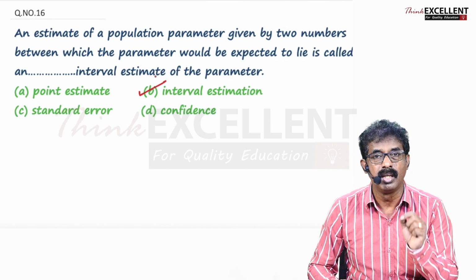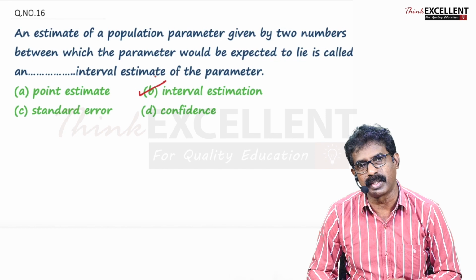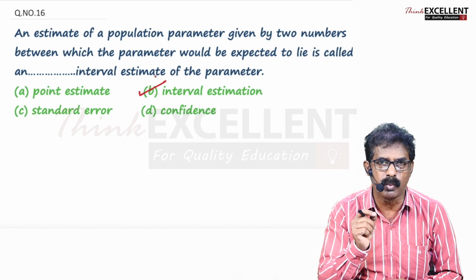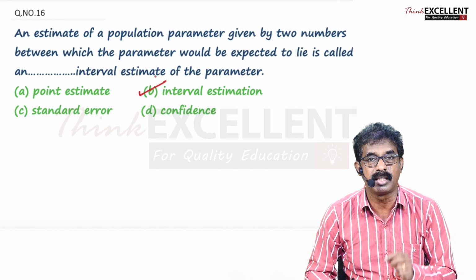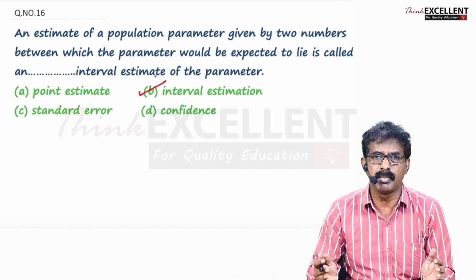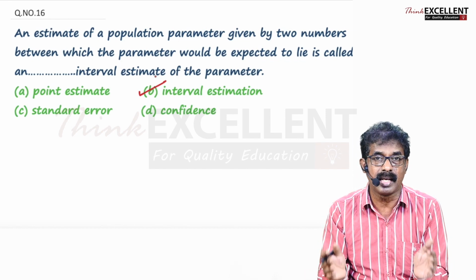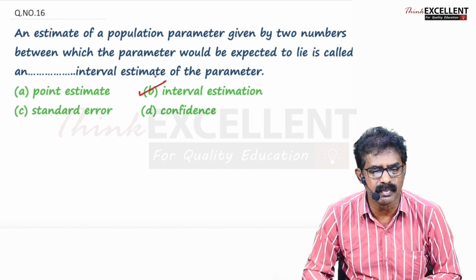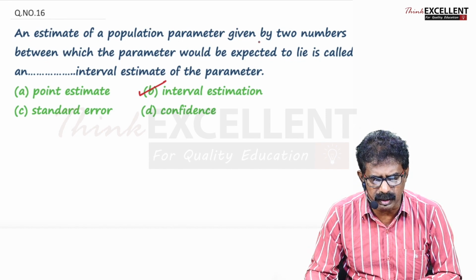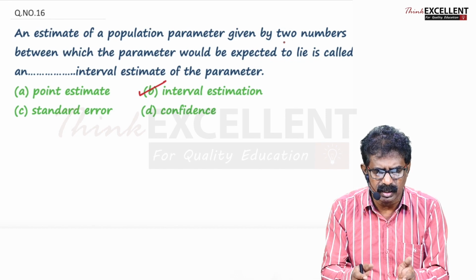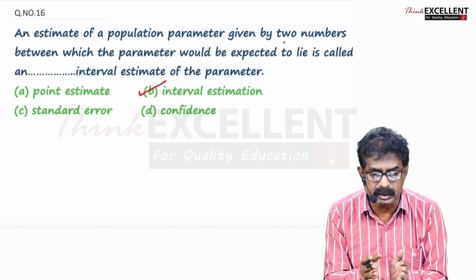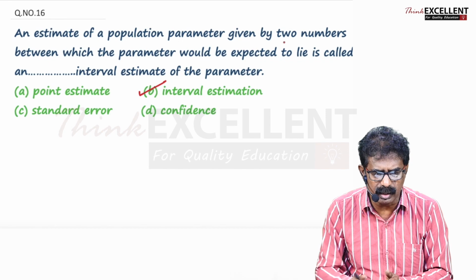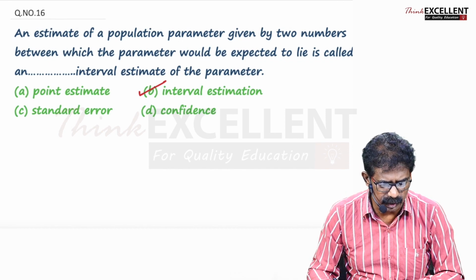In point estimation, we estimate the exact value, just one value. Interval estimation means we give an interval: it lies between this and this, right? So it is called interval estimation.